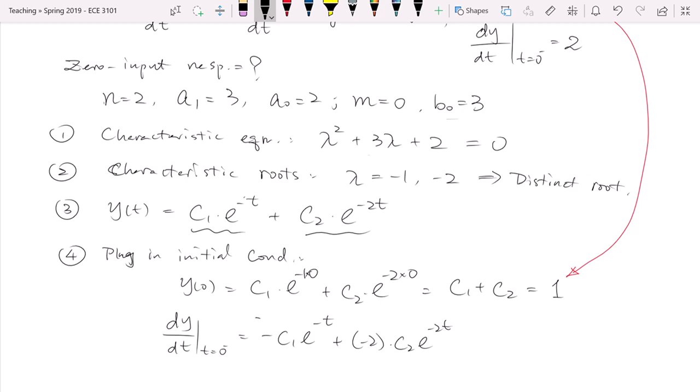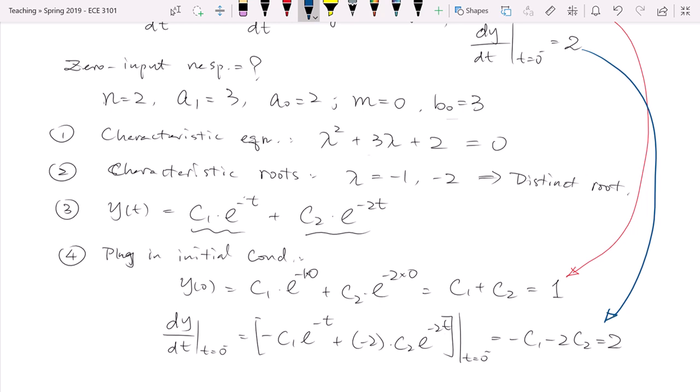We evaluate this derivative at t equal to 0 again, or 0 minus. So we plug in 0 for the t's, you will have negative c1 minus 2c2 equal to 2. And this 2 will come into play in this equation.